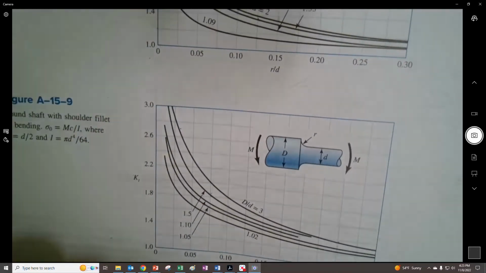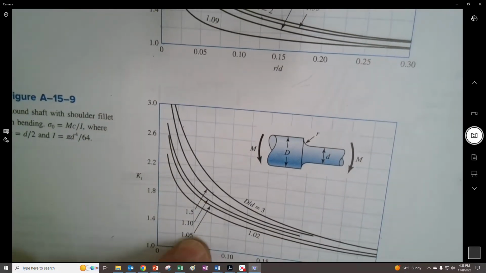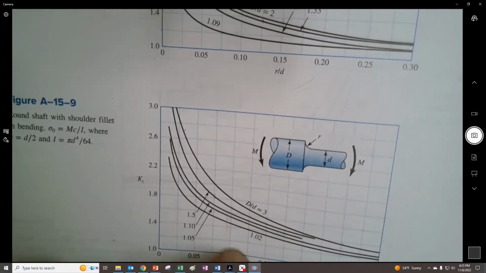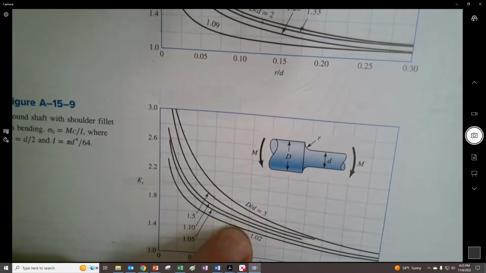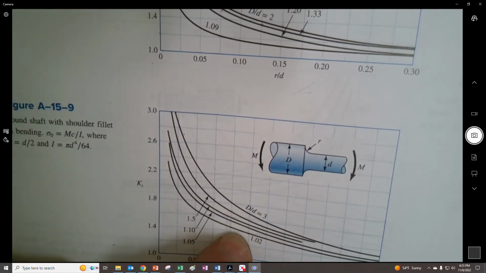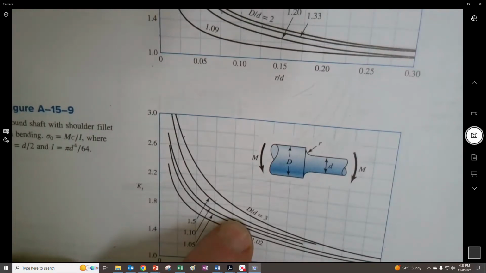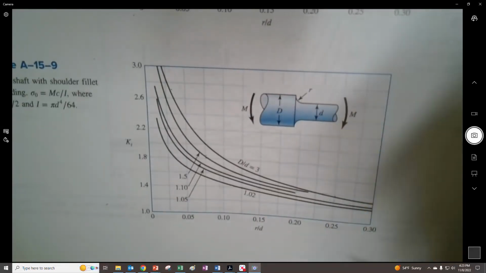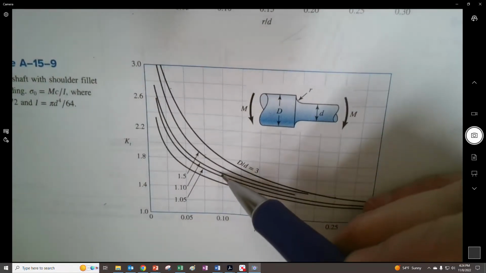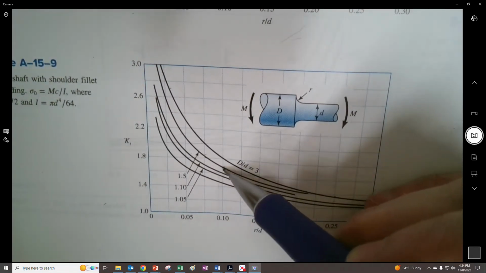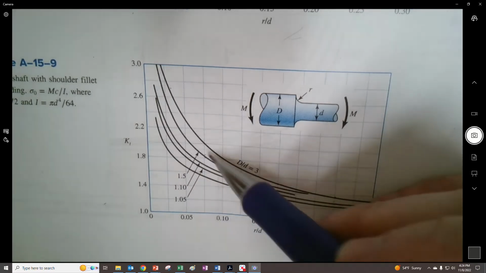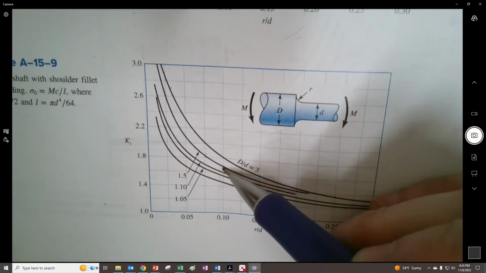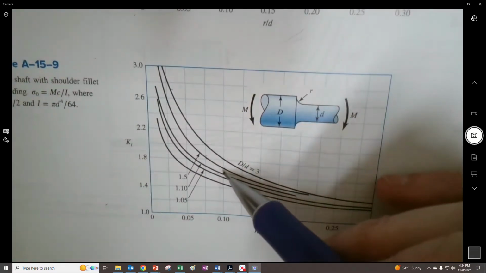So if we look on this, there's 1.5 and one here, and then there's 0.2. So we're really going to have a KT that's somewhere in the range of, looks like 1.6 to me. Since we're going to be close to 1.5, I'm going to say it's 1.65.